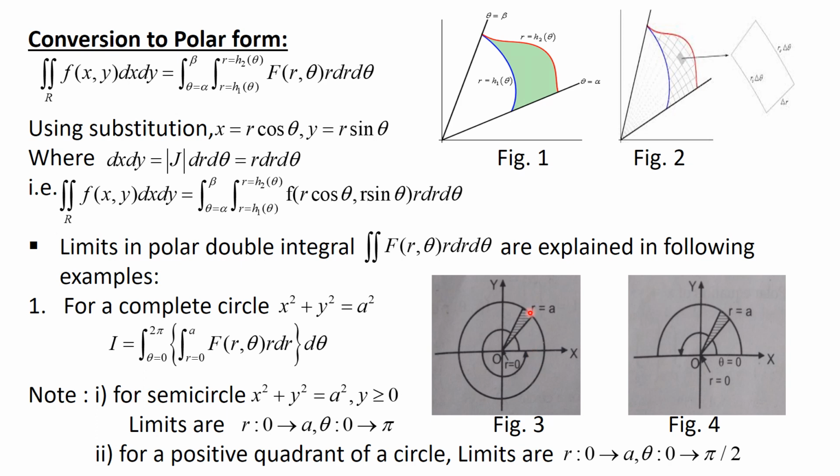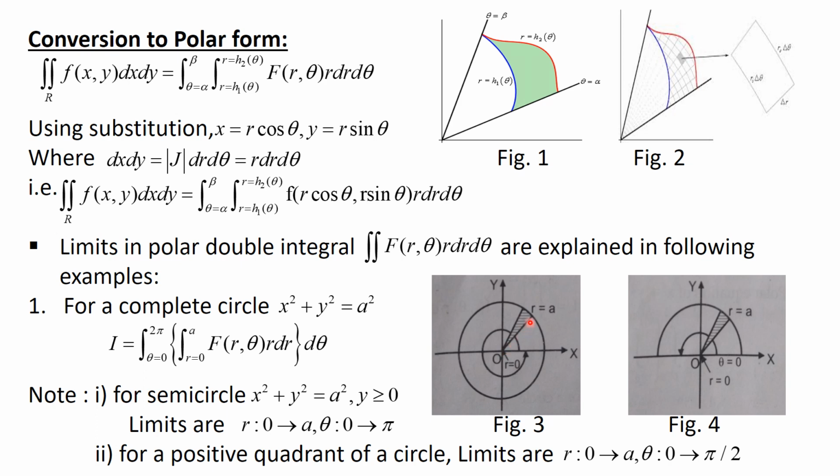If we consider the curve x square plus y square equal to a square, the value of x is the root of a square minus y square, or y is the root of a square minus x square. So instead of going for square root functions, we can use the conversion in terms of r and theta, replacing with polar form and then using the values of r and theta.